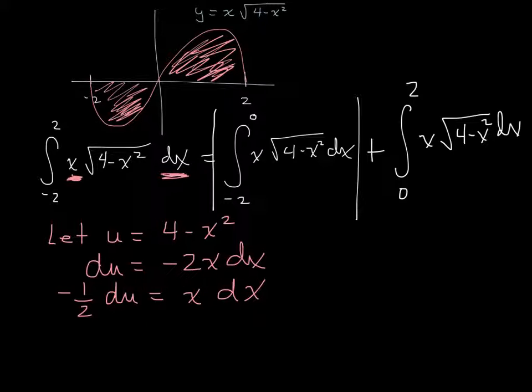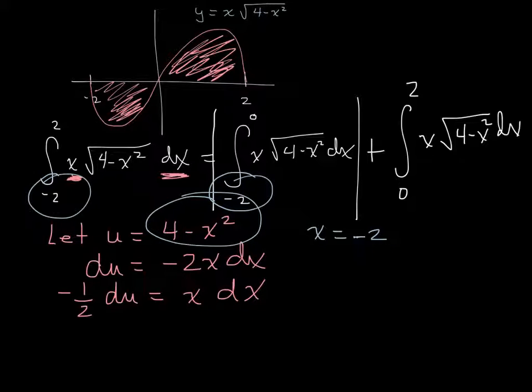Alright, now let's change our limits of integration. If you don't know how to do this, we did this in the prior video. If x is -2, and we're actually looking at this one here, and I plug -2 into 4 minus x squared, which gives me 4 minus 4, my u equals 0.